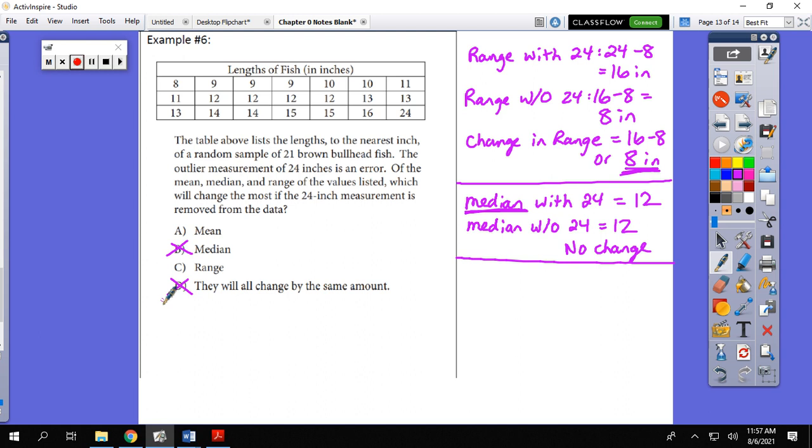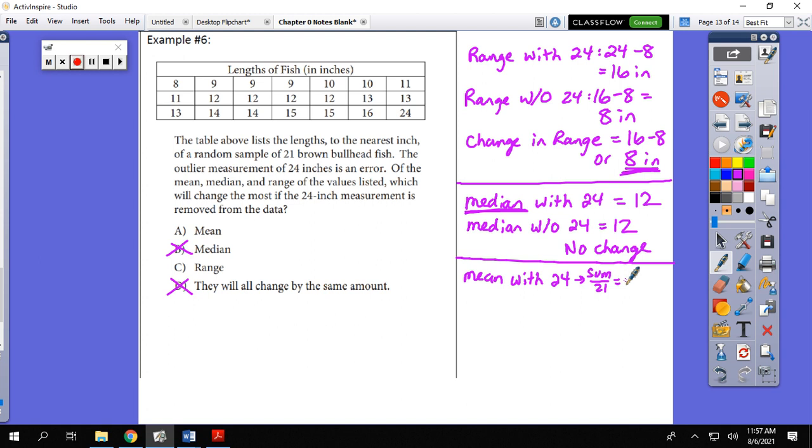Now, it shouldn't take too much logic to figure out that the range is going to be the one that moves the most, because when we change the mean, if we sum up all of those numbers, we do the sum and we divide by 21, well, if we add up all those numbers, which does take time, so hopefully you wouldn't need to add up all of the numbers to get there.